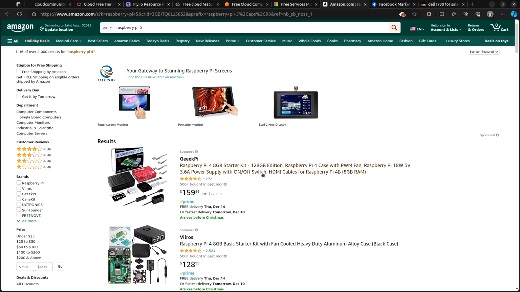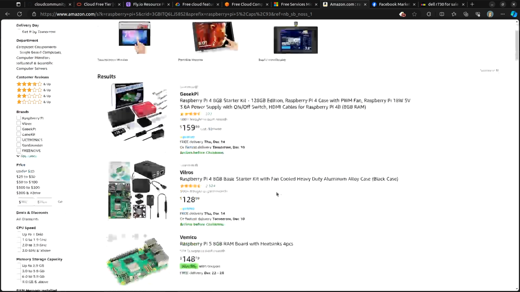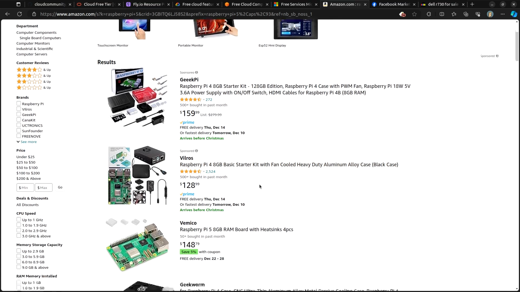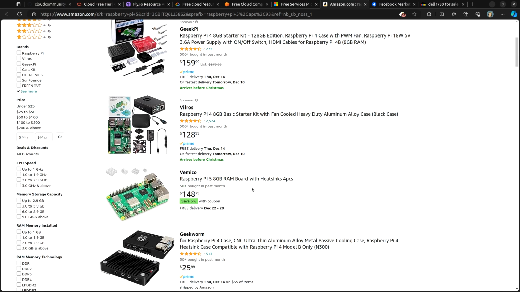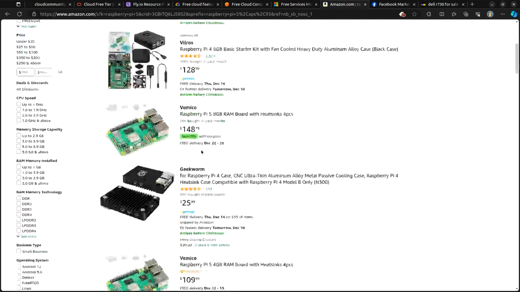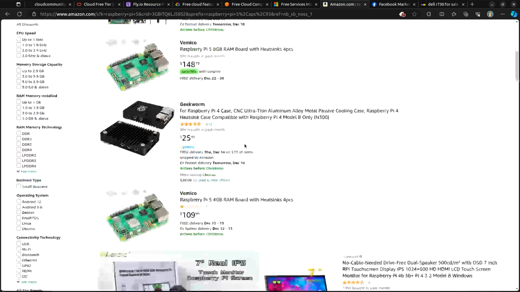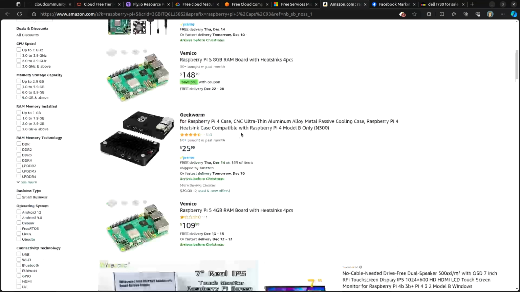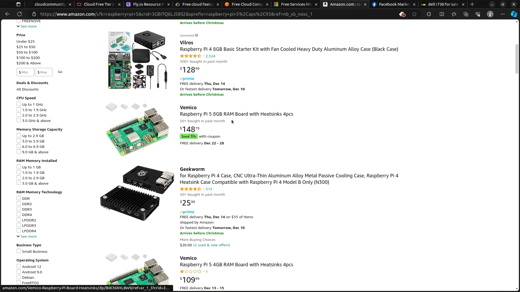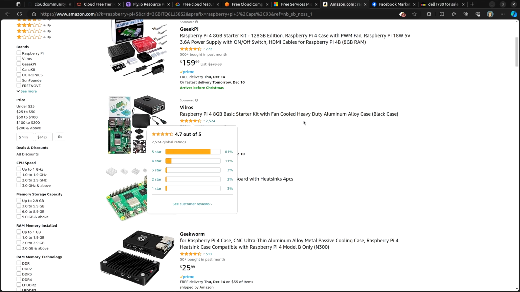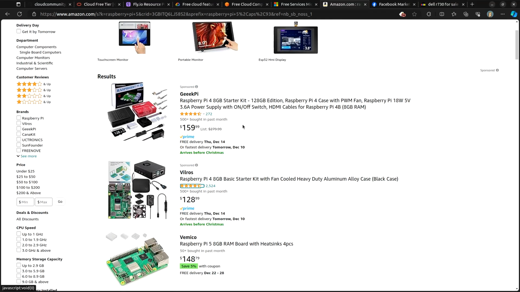Buying an actual Raspberry Pi directly from Raspberry Pi used to only be anywhere from $30 to $55 or so for the actual board. It didn't come with anything else. It was just the actual board. But as you can see, a lot of them are now $150, $128, $160.